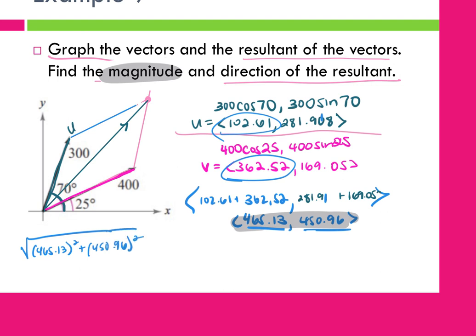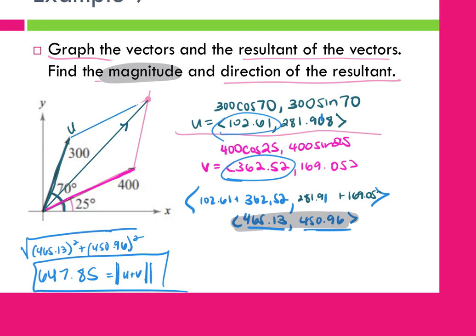Let the calculator do that whole thing for you. 465.13 squared plus 450.96 squared, and I get 647.85. This would be the magnitude of U plus V, the resultant vector.